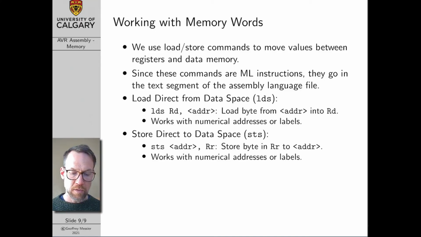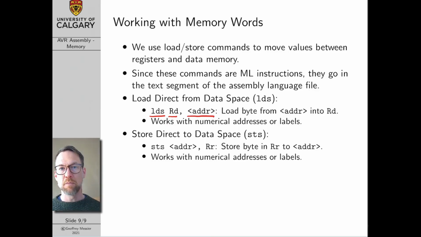The first command is load direct from data space, or LDS, and the syntax for the LDS command is LDS, the register that we're copying data into, followed by an actual address in data memory. So LDS allows us to type the actual address onto the assembly language command line, rather than having to indicate an X, Y, or Z register pair.